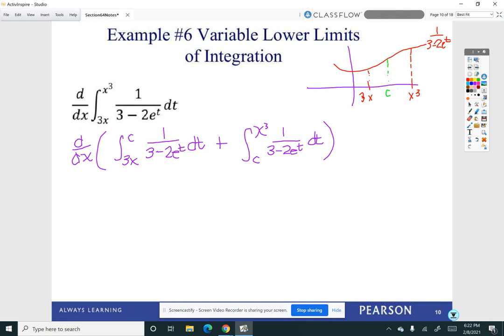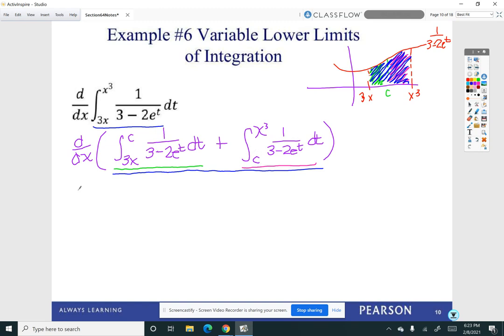For this first integral, let's find the area from here to here. Then I wrote a second integral to find the area from here to here, which together is the same as my original integral, the area from 3x all the way over to x cubed. So I've split it up that way so that each of these integrals involves a constant.